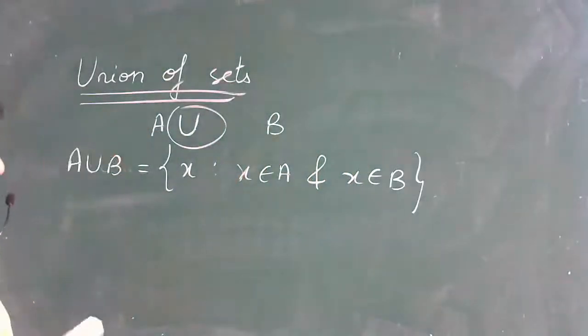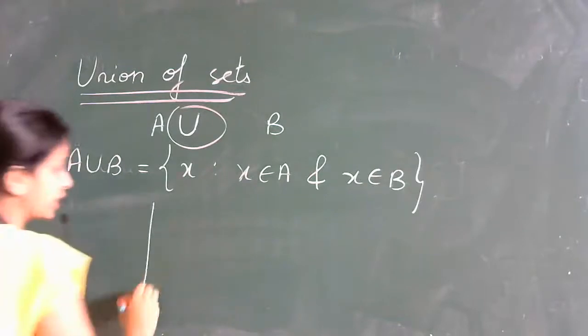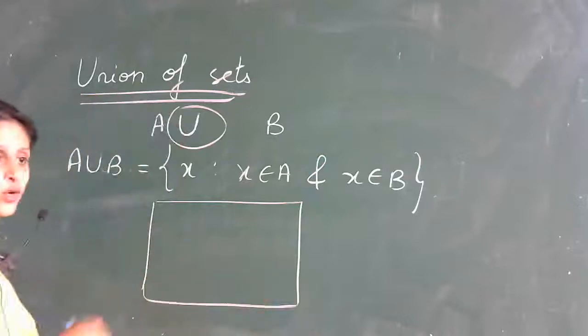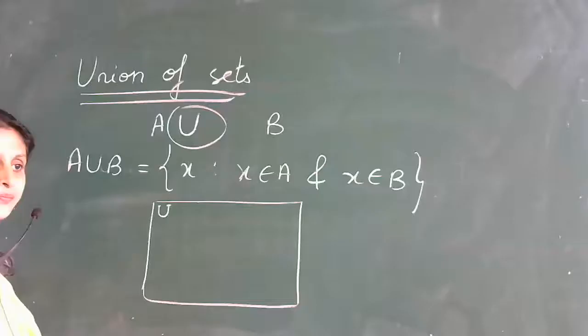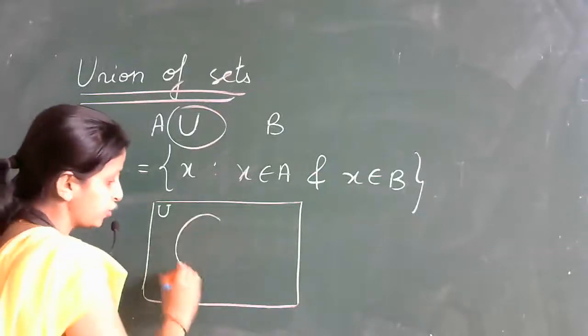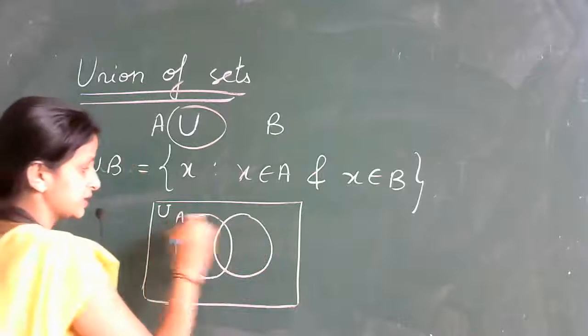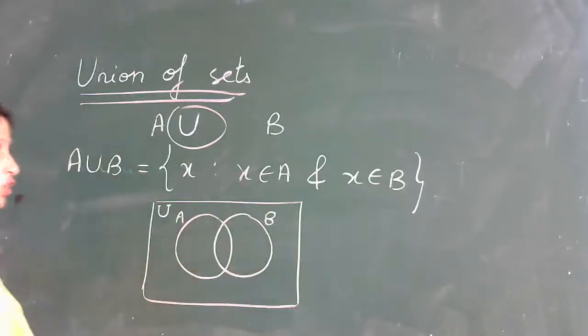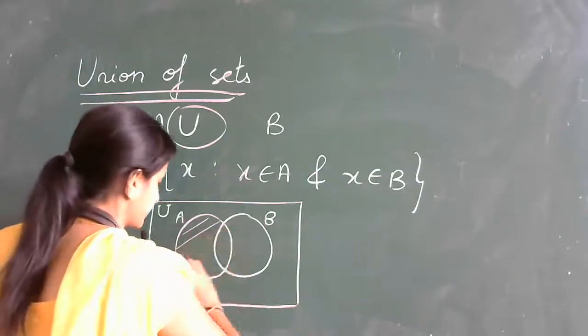And what about Venn diagrams? Through Venn diagrams, how shall we represent it? So again we have the universal set which is represented through a rectangle, right? In this we have 2 sets now, set A and set B. This is set A and set B. So the union of A and B will be represented by this shaded portion.